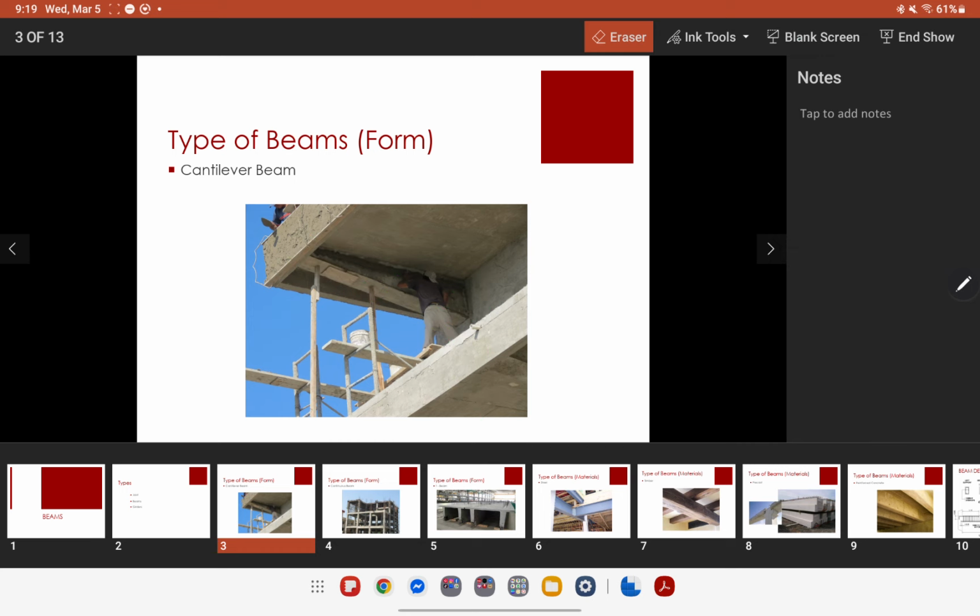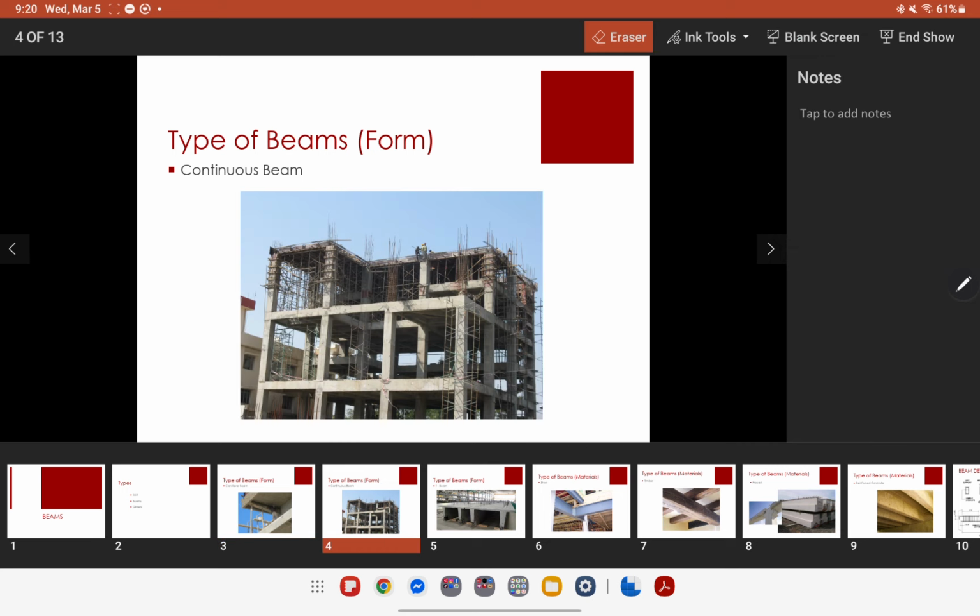Next one that we have would be the continuous beam. Okay, a continuous beam is a beam that has, well, another beam right after it. So let's say, for example, this beam in here, we will consider this as continuous since there is another beam right beside it and another beam right beside it.